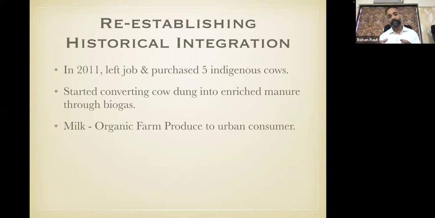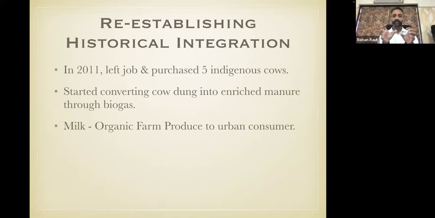After having cows, I started biogas, and I used that methane as my source for cooking. The enriched manure, that slurry, I dried up and used in the rice and wheat.